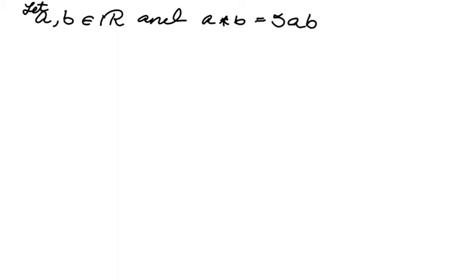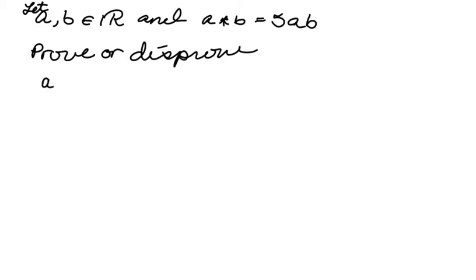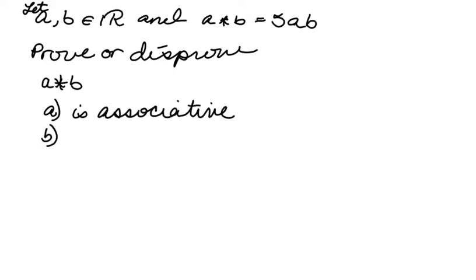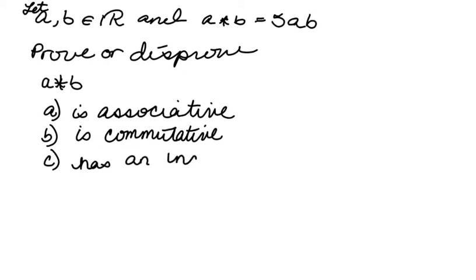So I want to prove or disprove that A star B is associative, is commutative, and has an inverse, and has an identity.